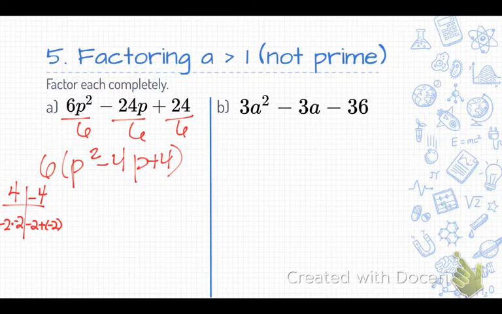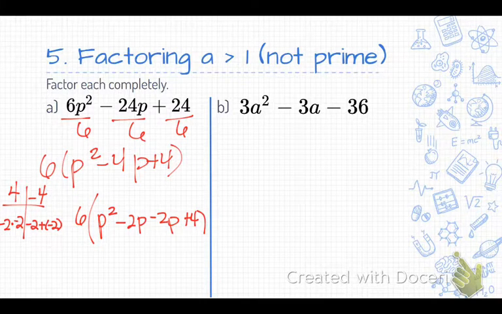Okay, so I have 6 times p squared minus 2p minus 2p plus 4. Is that true? 6 is on the outside. It just has to follow me through every step. I bring the 6 down.